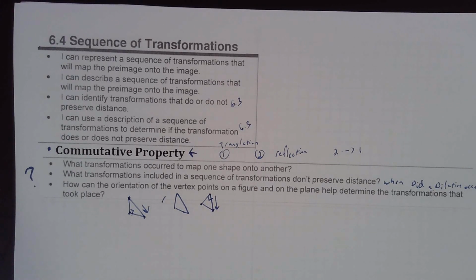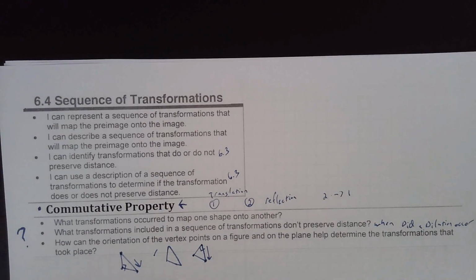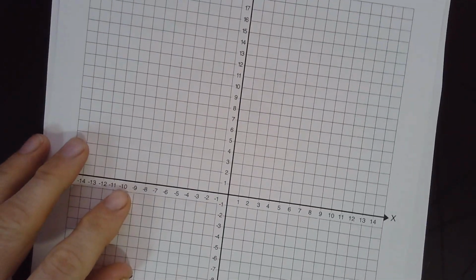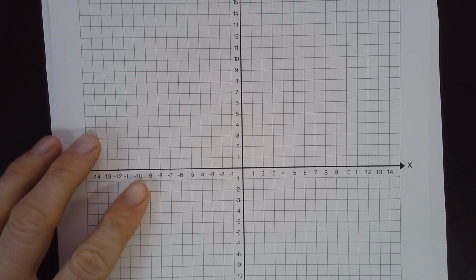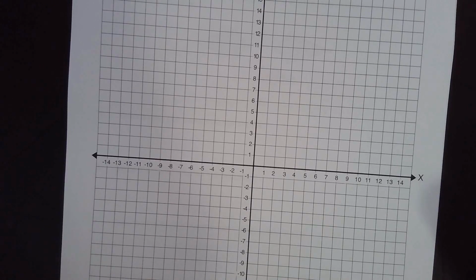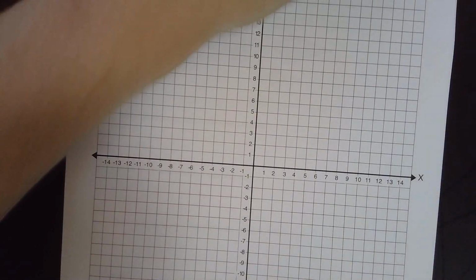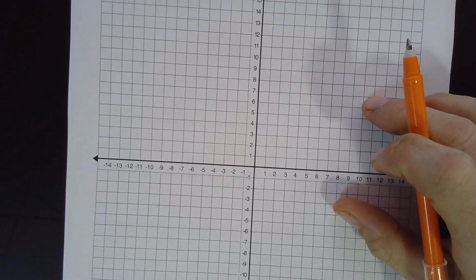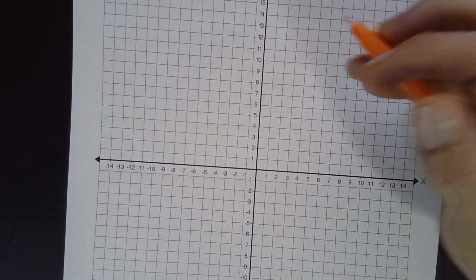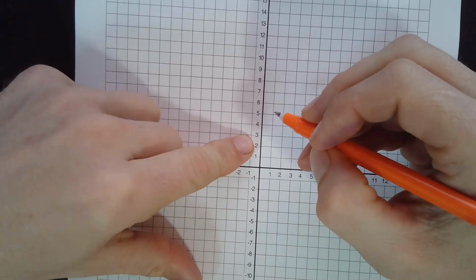All right, so let me go ahead and pull up my first set of notes here, and we'll get going on this. All right, so here we go. Let's say we start with a polygon, a quadrilateral.